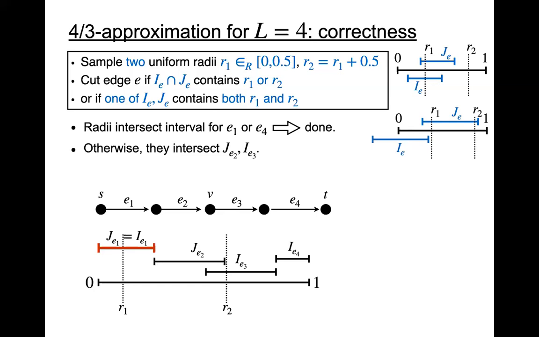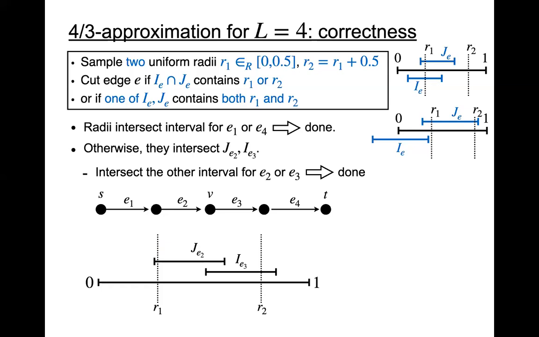So otherwise, they intersect the middle two intervals, and I'm skipping the case where they both intersect just one of these two intervals, because that would be a case where by the last criterion, we cut that corresponding edge. That would be an interval that contains both radii. So each one is contained in an interval corresponding to a different edge.